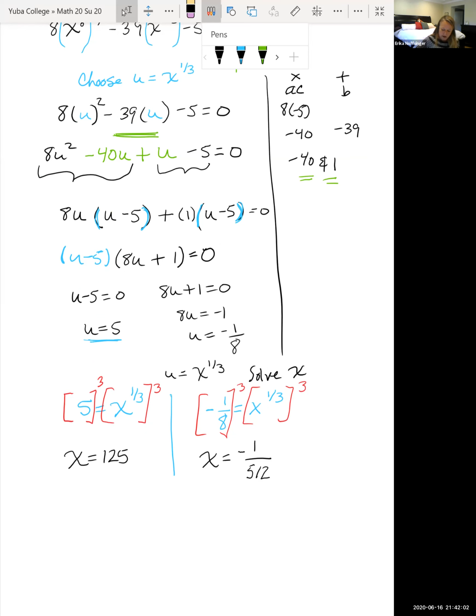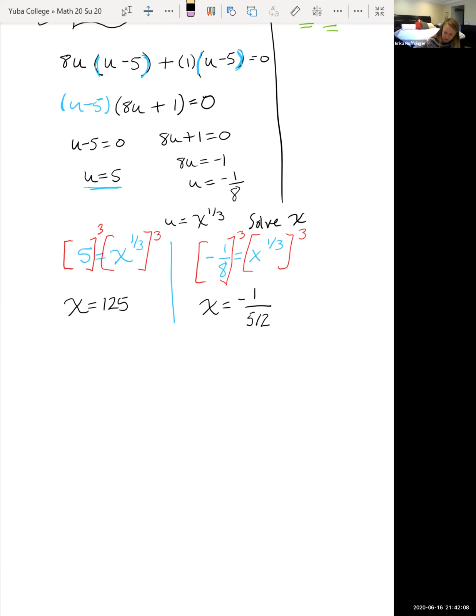I'm just going to do another review because it's really important that you remember this. So recall, if you have some value raised to a rational exponent, you can rewrite this as a radical. The denominator of the rational exponent is what root you're taking.